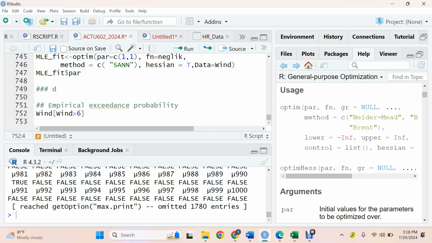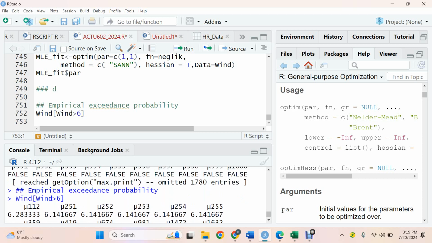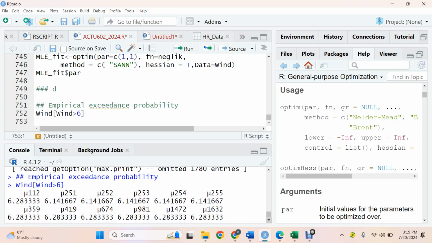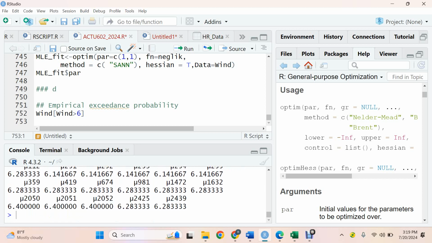Now if I pass it through the vector, what will happen? Good. This is subsetting or subscripting. So it will only take those that are all true. Here I'll get all, you see all of them are greater than 6. See the values. They are all greater than 6.